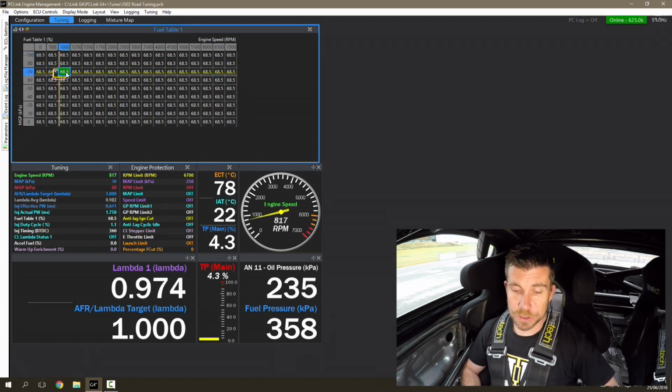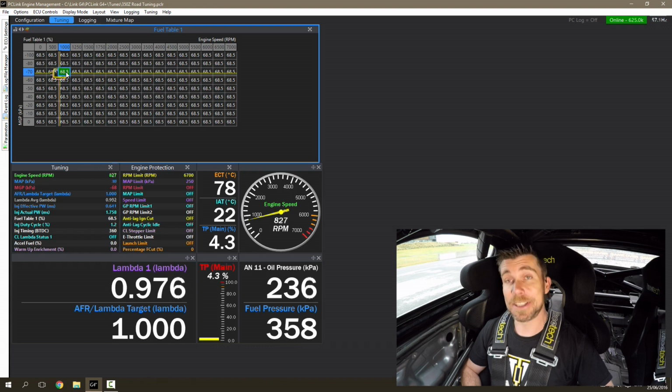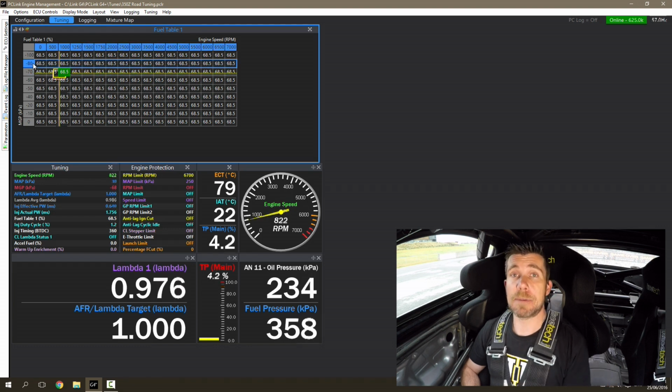So what we want to do is use our idle area, in this case about minus 70 kPa, as our reference point. So anytime we're below minus 70 kPa, we've got less manifold pressure, we've got less load on the engine, less air is entering the engine. We know that we're likely to need less fuel.